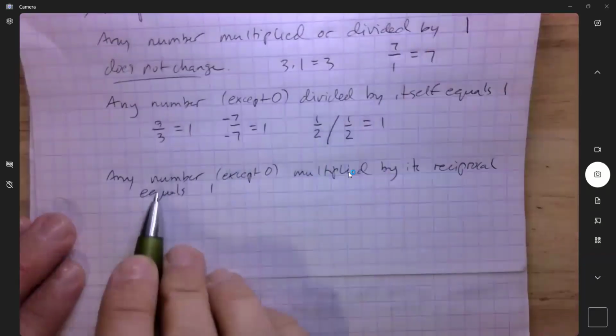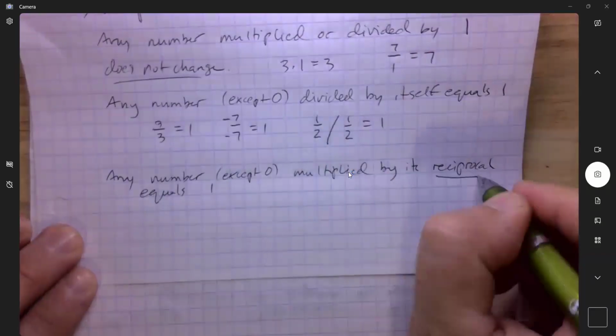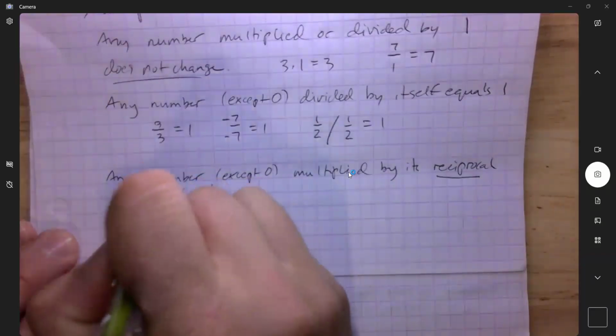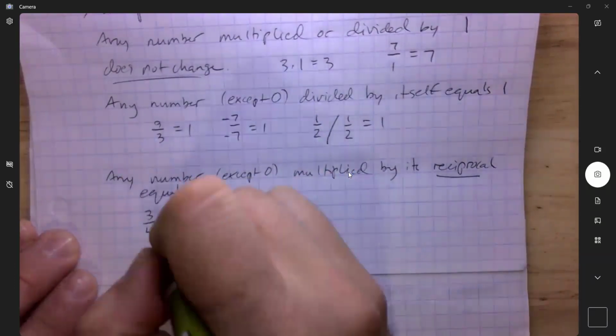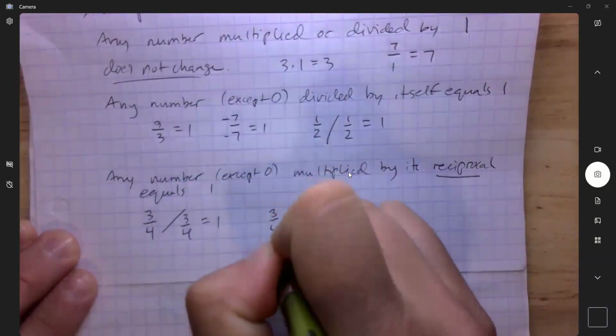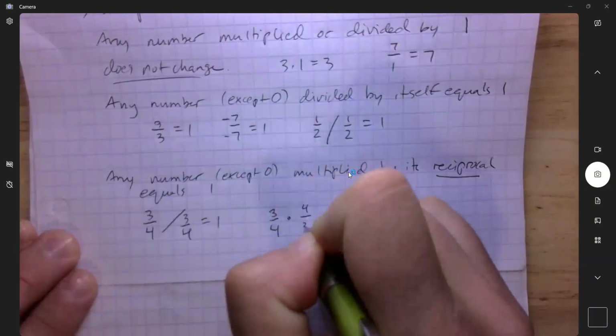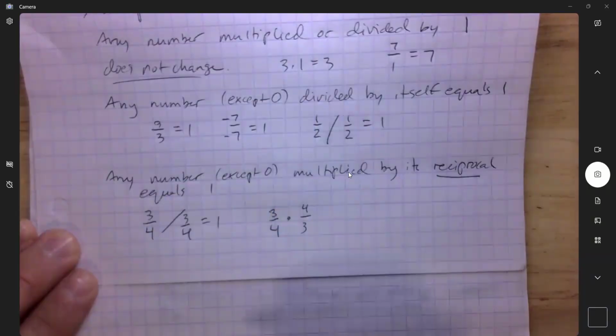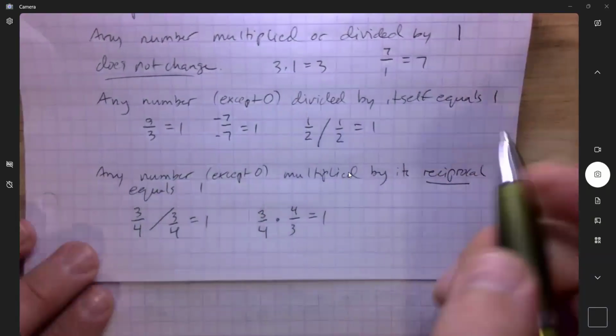So the reciprocal, especially with fractions, is just flipping the fraction upside down. So 3/4 divided by 3/4, that's 1, but we could also write that as 3/4 multiplied by its reciprocal, which is what you get when you turn the fraction upside down. That's also 1.